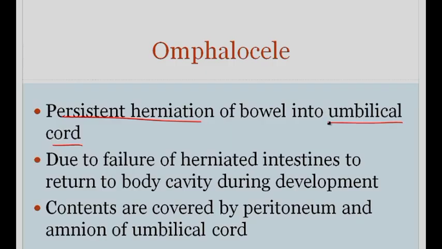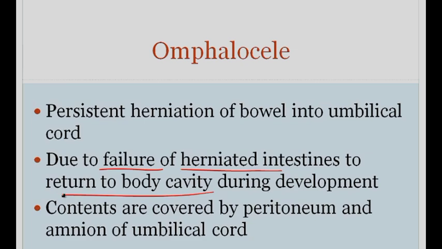So in an omphalocele, you have persistent herniation. Now remember, the herniation was part of development, but it persists. So you get persistent herniation of the bowel into the umbilical cord. Again, this is due to a failure of the herniated intestines to return to the body cavity during development.